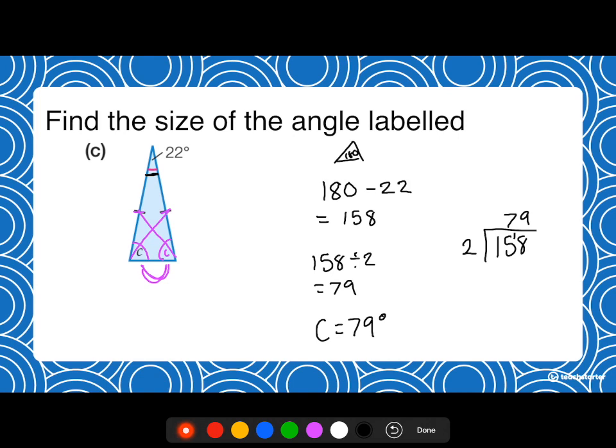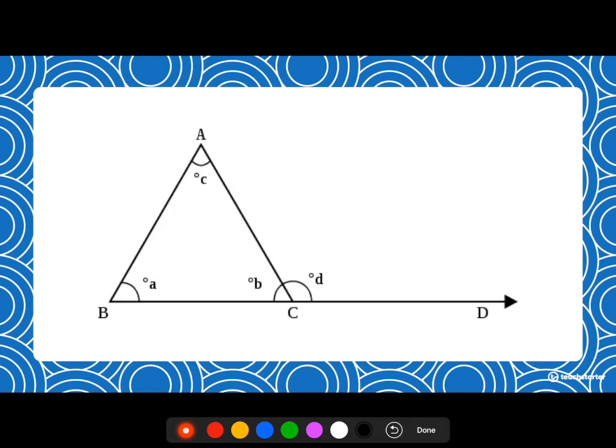The last thing we need to know about is the exterior angle. So we call this the exterior angle because it's on the outside, exterior.